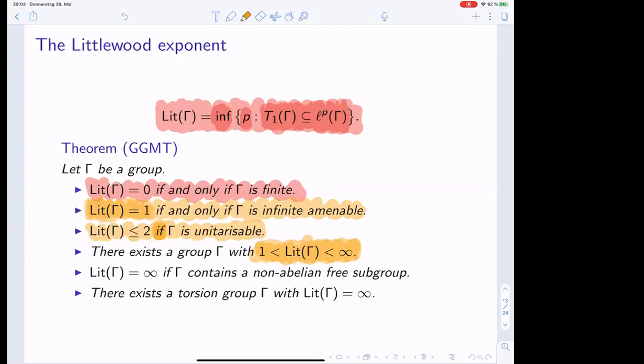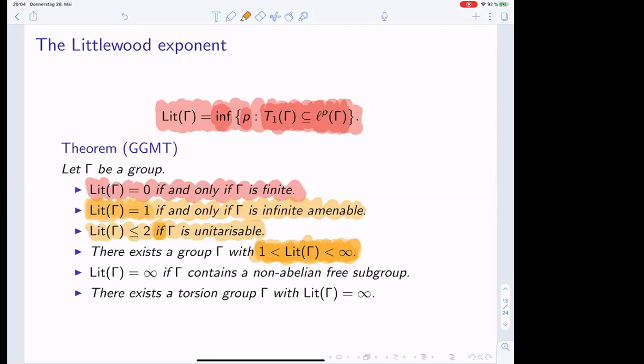But there are groups which are kind of on the edge between amenability and non-amenability, and they are kind of in between the two concepts in a rather strong sense, namely in the sense that this Littlewood exponent does not take the value infinity, and still the group is non-amenable, so it can also not take the value 1.